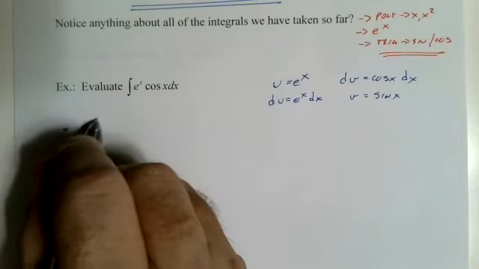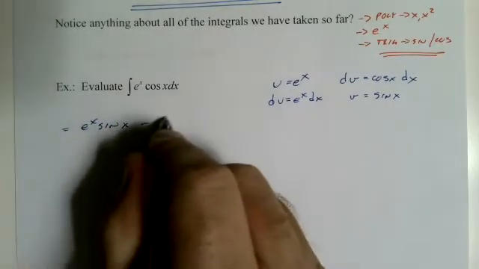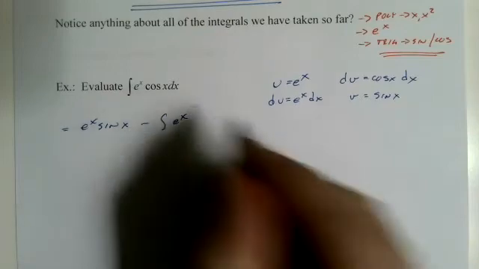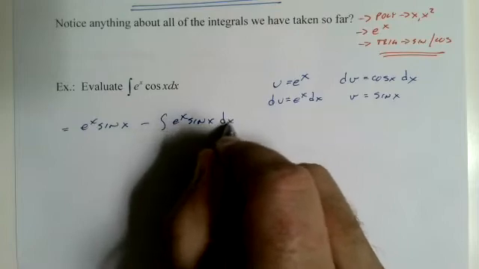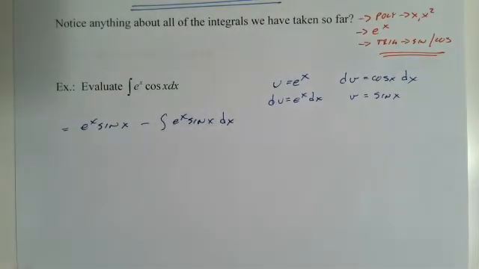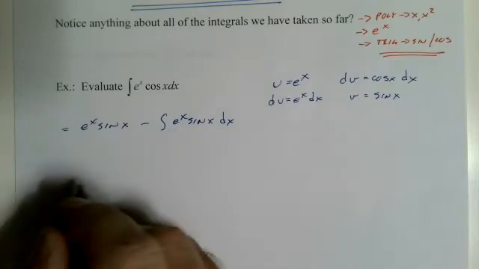We get e to the x sine of x minus the integral of e to the x sine of x dx, at which point you might say, this is going to oscillate forever. There's no getting rid of it. And I would say, you're correct.